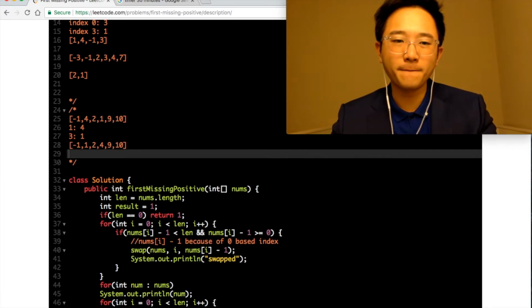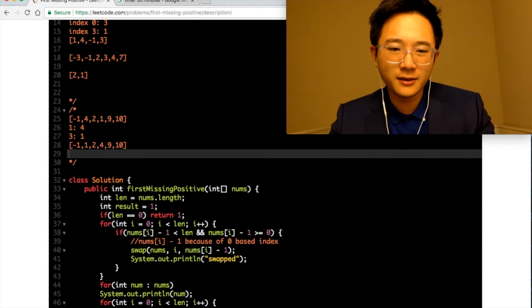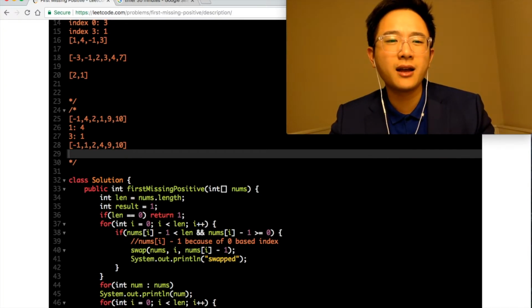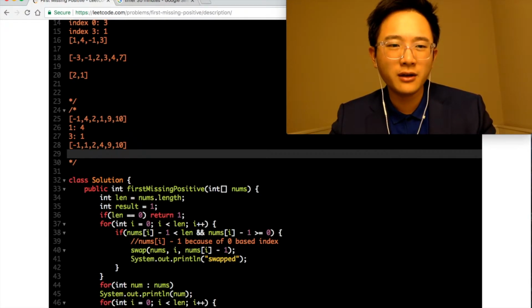So okay, now. Oh wait, we can swap it back. You don't swap it back, right? So okay, so we have 1, 4, and 3, 1. So now we have 2, 0, 1, 2.